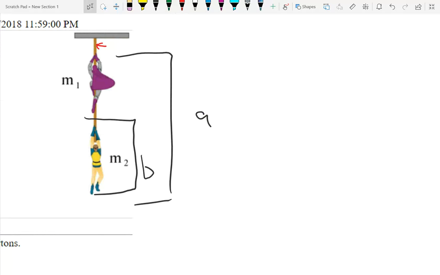And so for my free body diagram, I have here superhero and sidekick. And then I look at what forces are acting on superhero and sidekick. And I have the two that they identified.